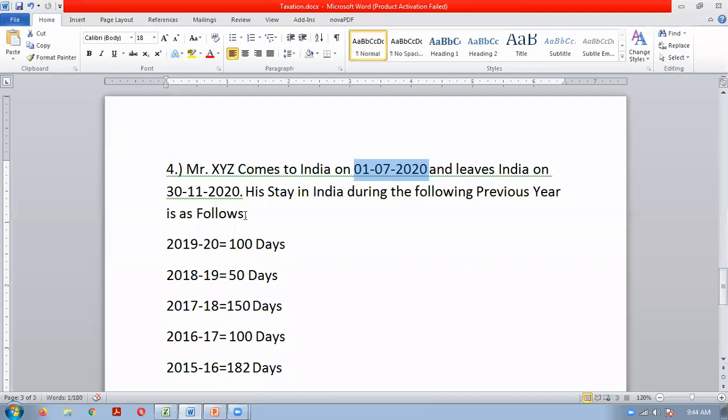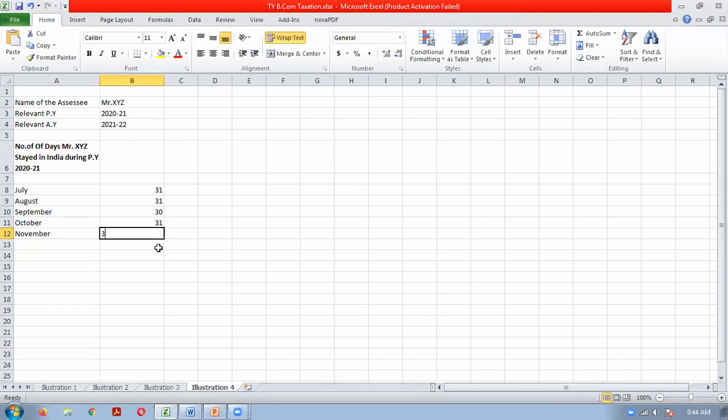October, 31, and November he is going back on 30, so we can say the entire November he was in India. If we do the total, it is 153 days. So Mr. XYZ stayed in India for 153 days during 2021.